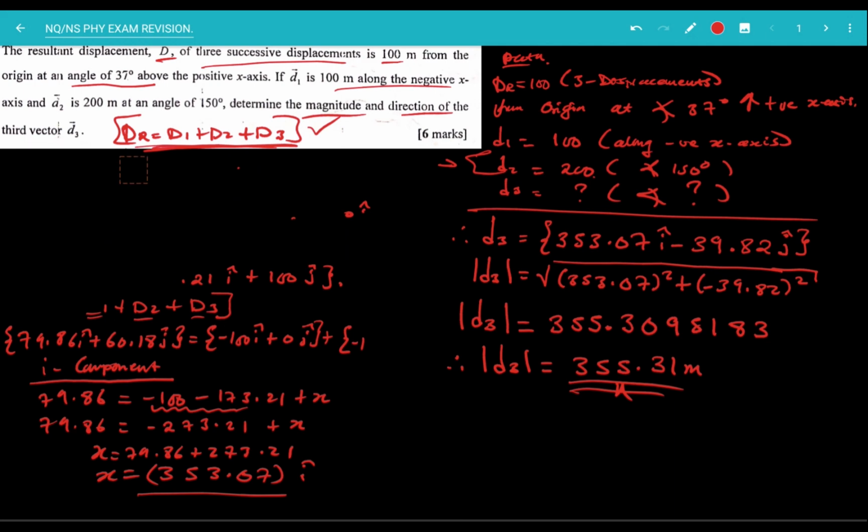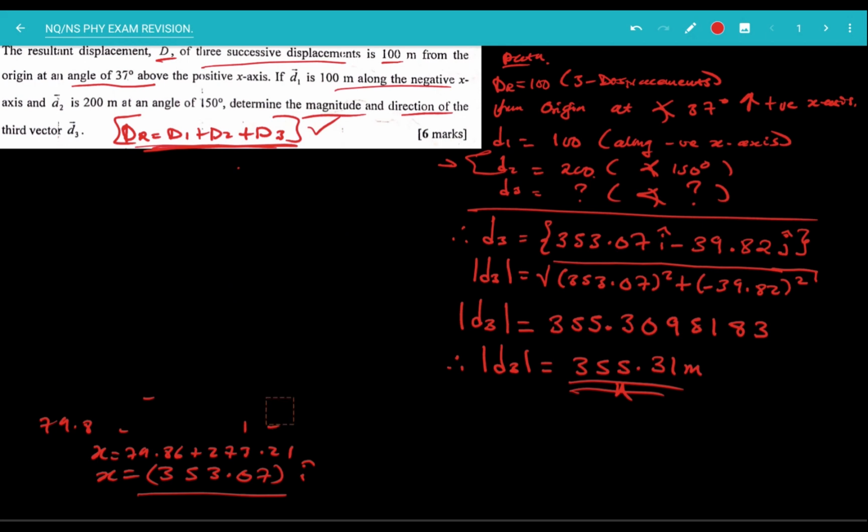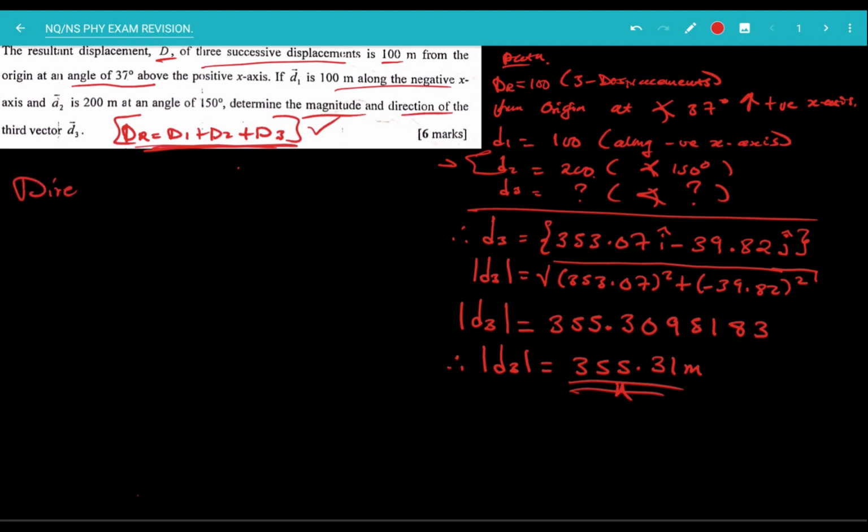Now to find the direction, remember, let's use a tan theta equation. Okay, so just erasing this. So to find the direction, theta is equal to tan inverse of the J over the I component, which would be 39.82 over 353.07.